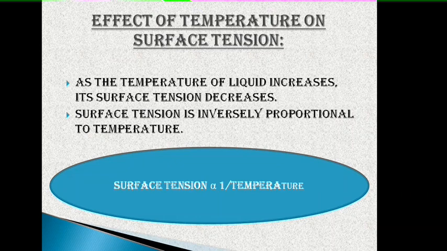Now we'll see whether temperature affects surface tension. By some experiments, it was observed that as the temperature of a liquid increases, its surface tension decreases. So we can say surface tension is inversely proportional to temperature.